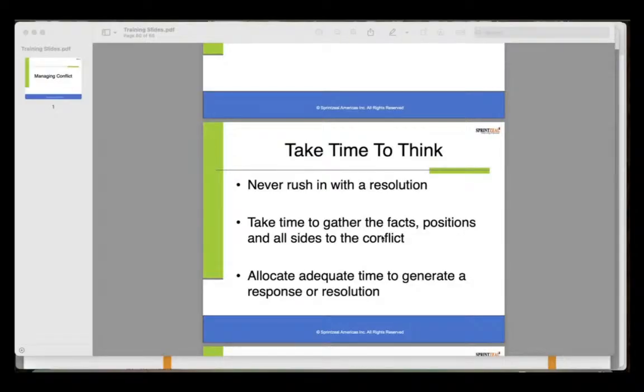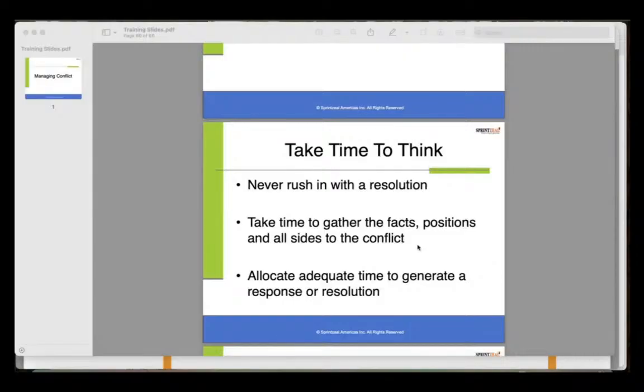You should do it step by step. There can be some steps that take more time, like identifying the roles, or identifying which strategy to use. So you should never rush in with the resolution.